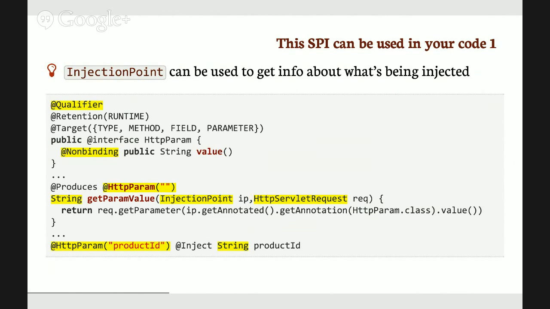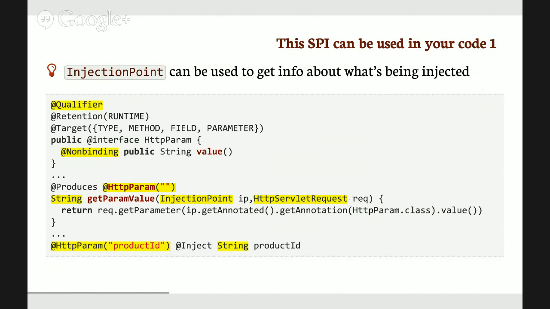And here we can, from the injection point, retrieve what was in the qualifier, what parameter we asked to be injected. We can inject the HttpServletRequest, which is a bean provided by CDI.